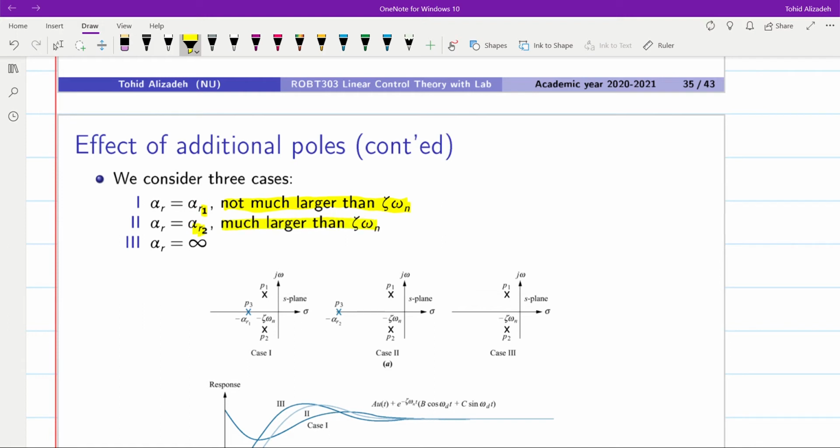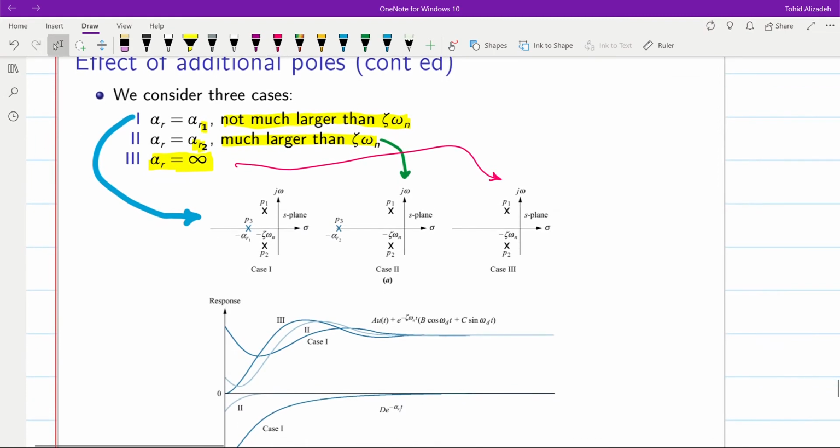So it's indeed this second case over here. The first case is here. And the third case is when alpha r is at infinity, meaning that in some sense we don't have the additional pole, okay? And that's when we have the second order system with two complex poles. So we have case 1, case 2, and case 3.